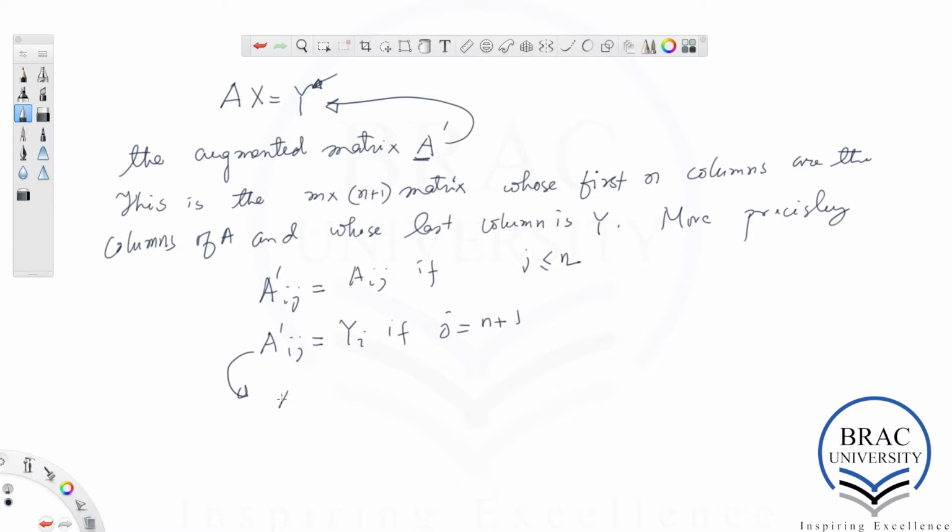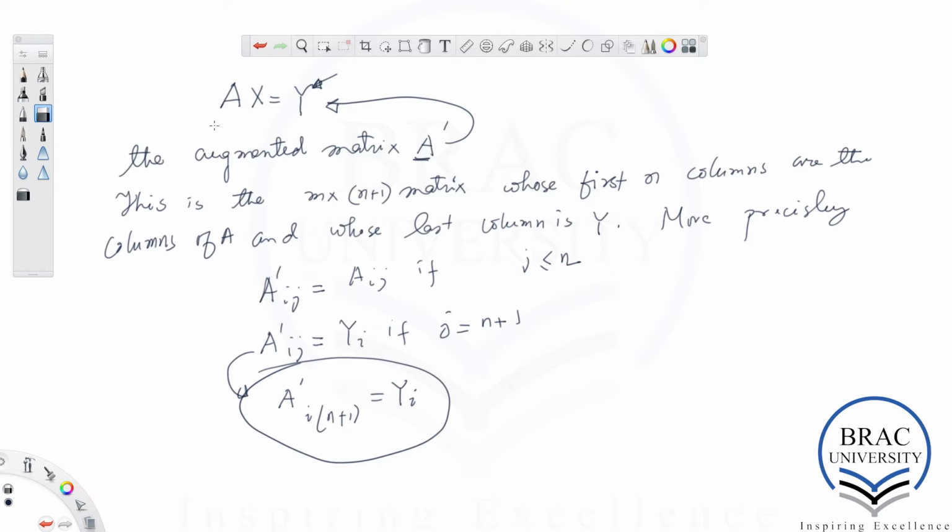We write this fact by writing A prime i, n plus 1 is equal to yi. It means that the n plus 1th column of the A prime matrix is just the column vector y.